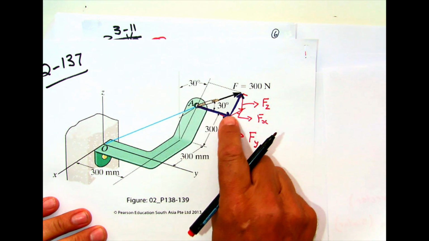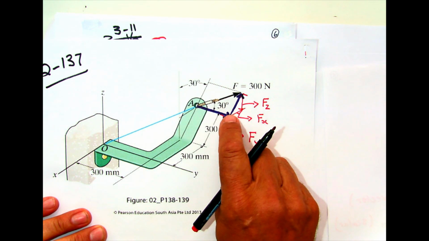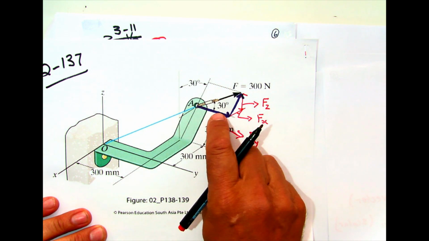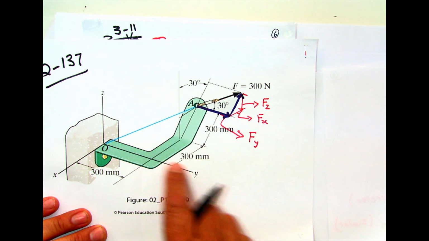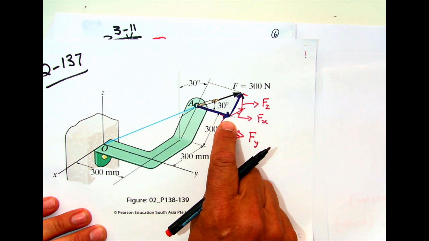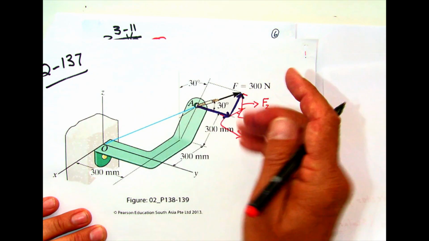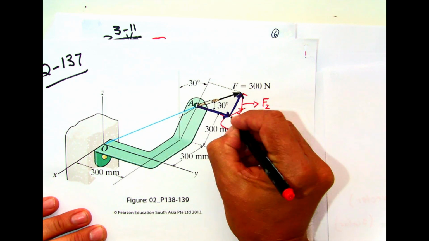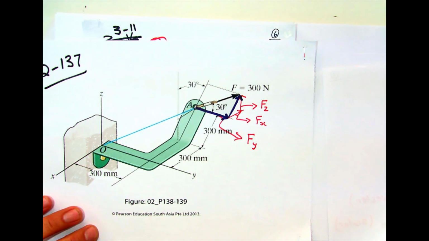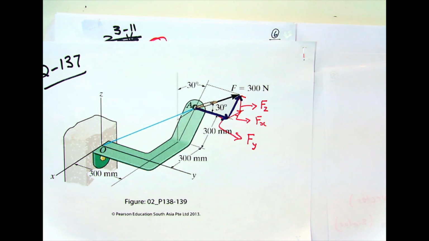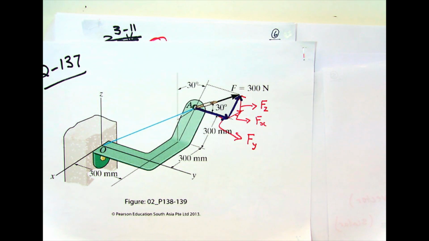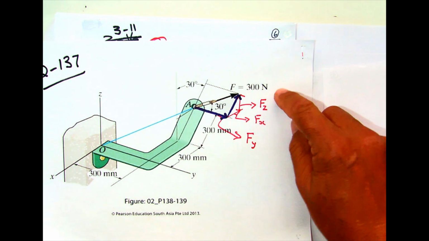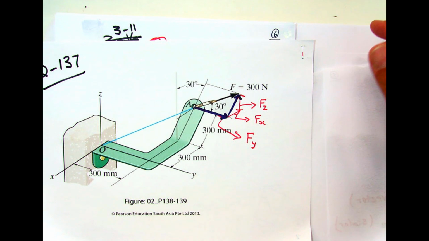So I start off with these two in blue, which are obviously components of that force. This one is parallel to y, so it is the y component. That one is not parallel, but you break it further up into two components, and they are your x and z components. And once you have that, you can just fill in the angles and work out. If you have those three components, then you have the force as a vector.